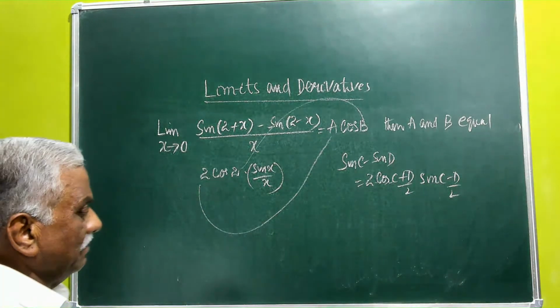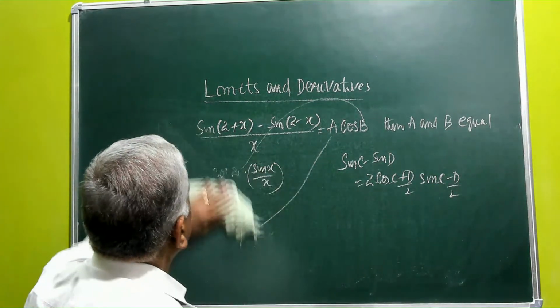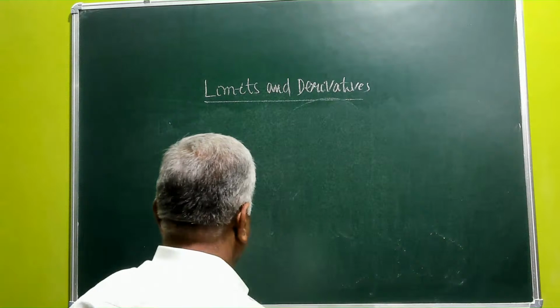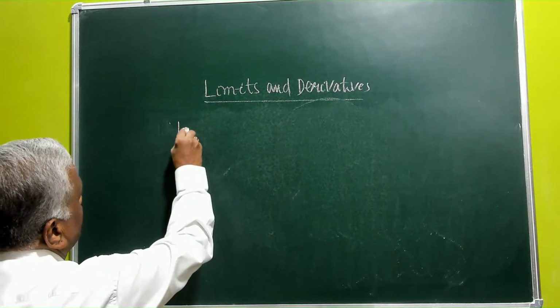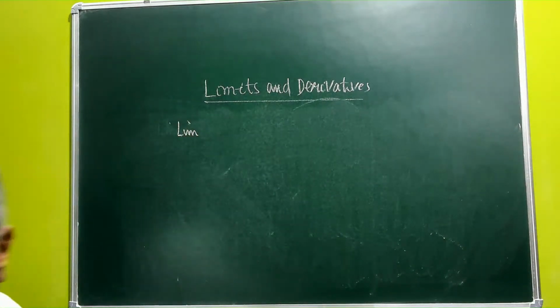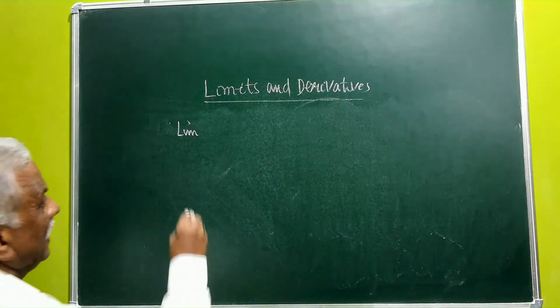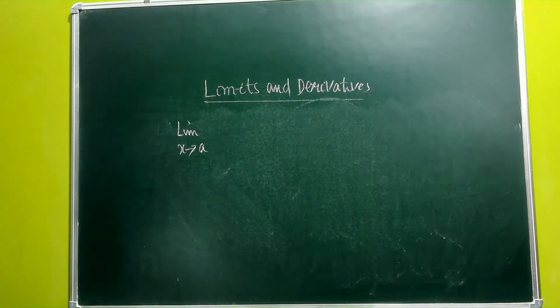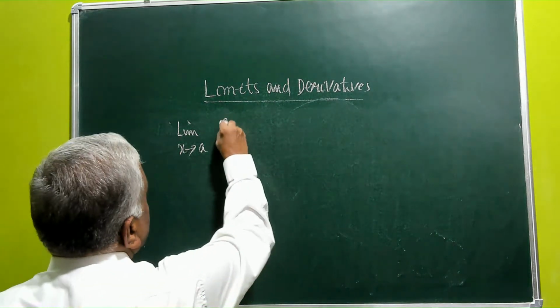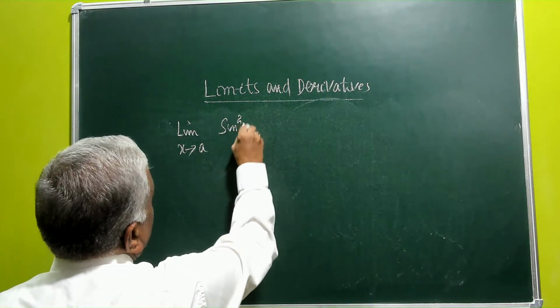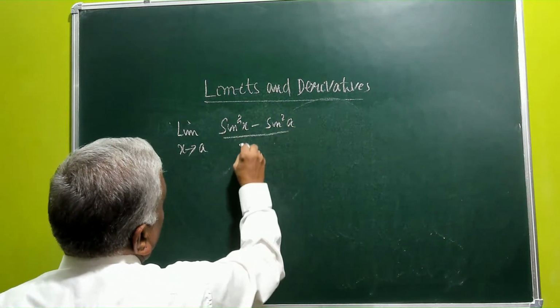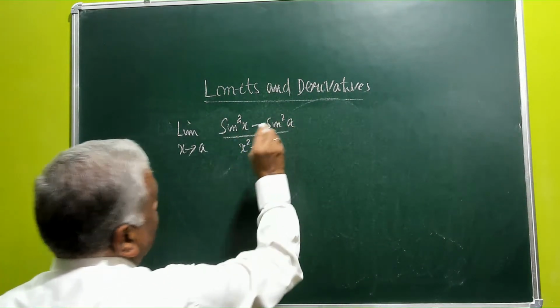Another year, there was a similar problem. Limit x tends to a, (sin square x minus sin square a) by (x square minus a square).